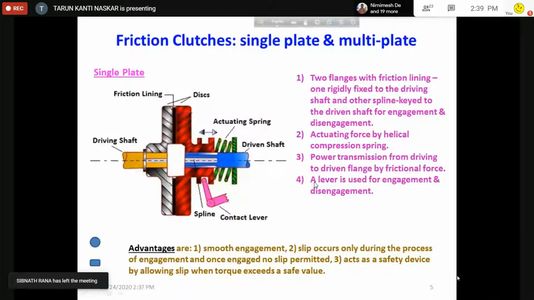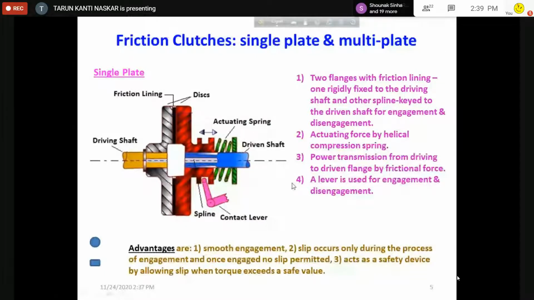When there is overload, slip would arise and come into the picture, and it just saves the machine from failure.